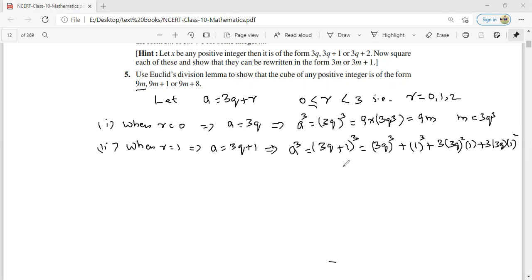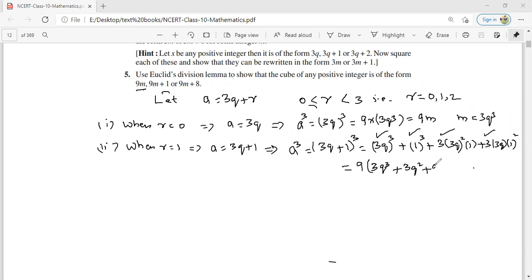A cube plus B cube plus, now 1 is also there. So this 1 will be taken outside, and in all other terms we can take 9 common. If you take 9 common from this, so this is 27. So 3Q cube will be left. From this 9, 3 3s are 9, here also 27, so 3Q square will be left.